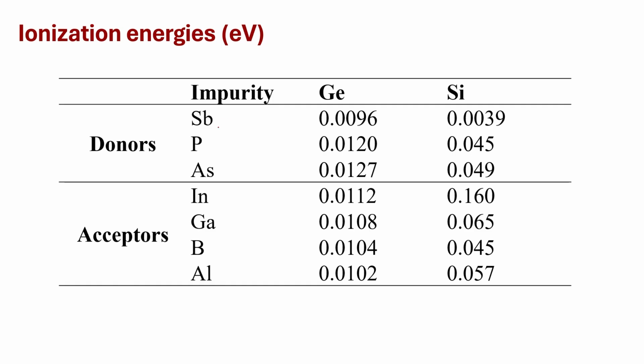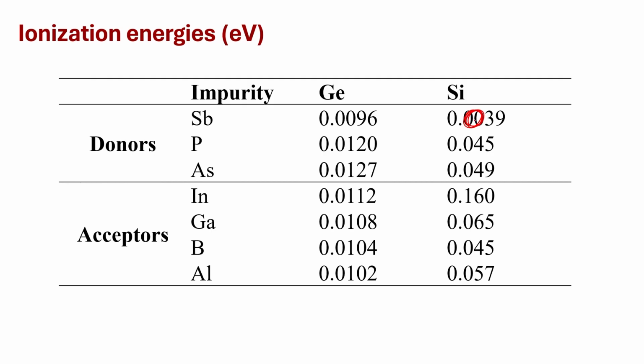So, for silicon you can see that antimony has 0.0039, phosphorus has 0.045 and arsenic has 0.049. I think we have added just one extra 0 here, it should be 1 0 here.